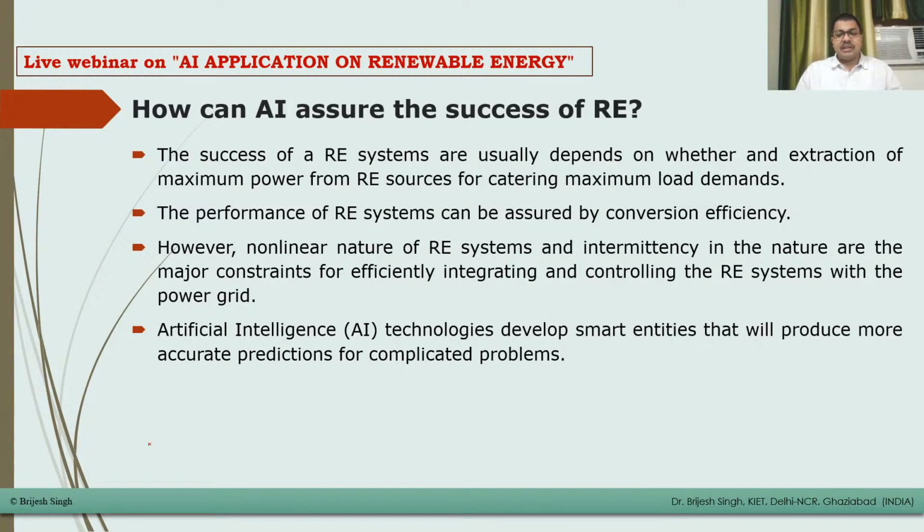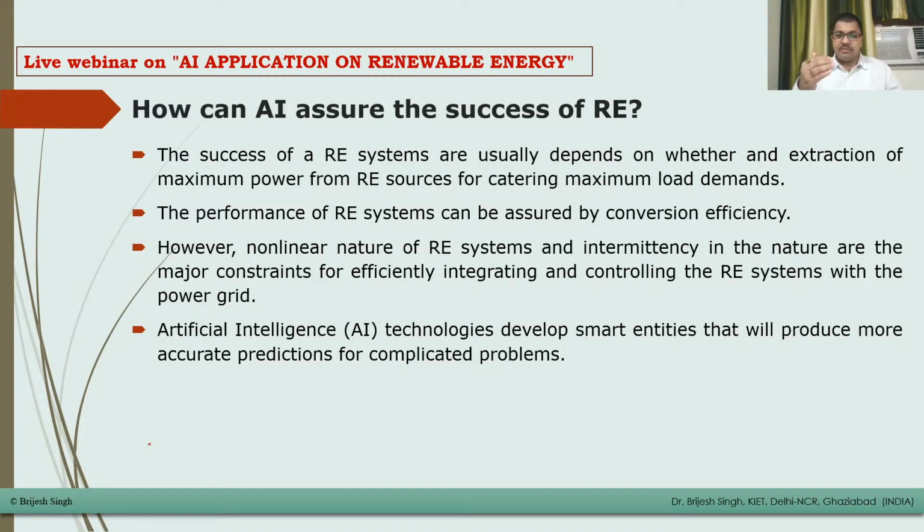Now, artificial intelligence technology develops smart entities that will produce more accurate predictions for complicated problems. So what is the advantage of artificial intelligence or AI-based technology? It develops smart things. You can say that these are smart systems by which you do not need to compute each and every thing in the system; you can directly predict the solution of a complicated problem.